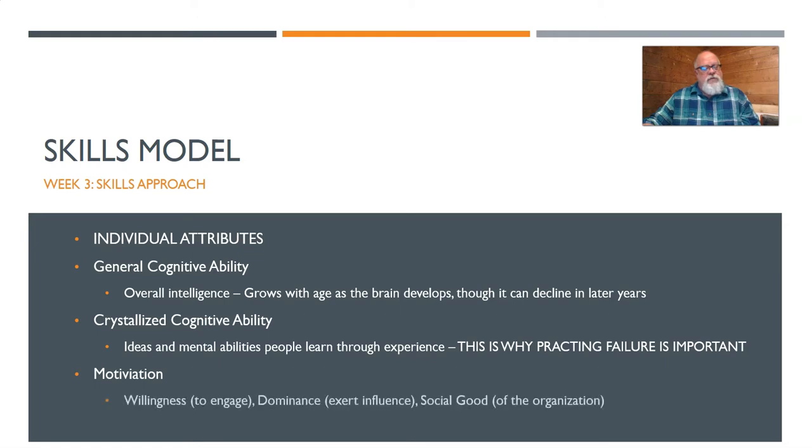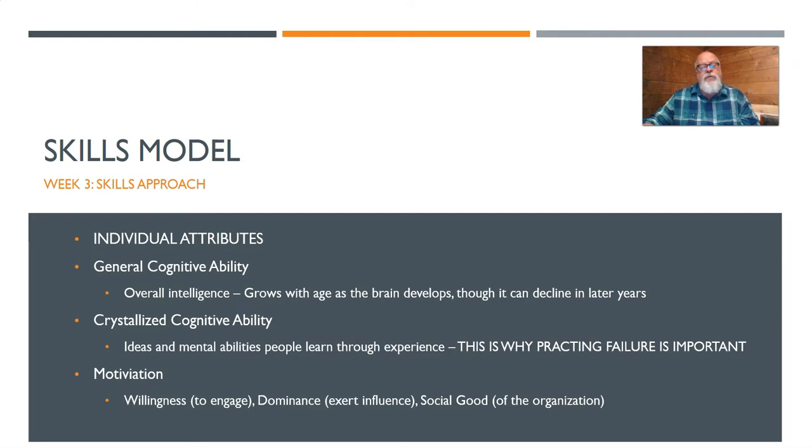Okay, motivations. The studies demonstrated that a willingness to engage was vital for your motivation. A willingness to be dominant. That doesn't mean like in a bad way. What it means is to exert influence. You have to be willing to exert influence.